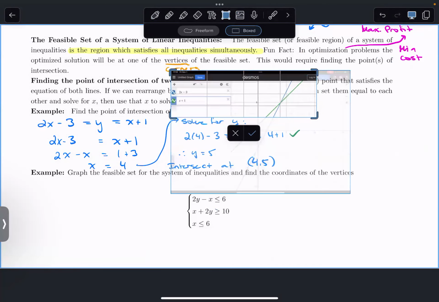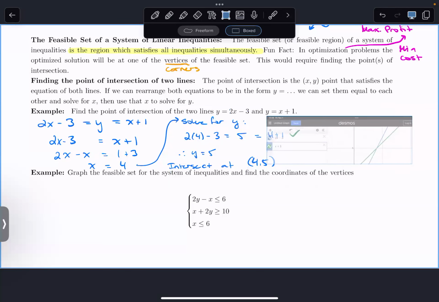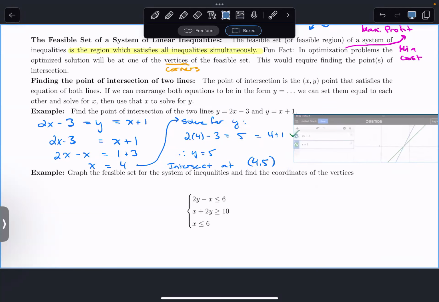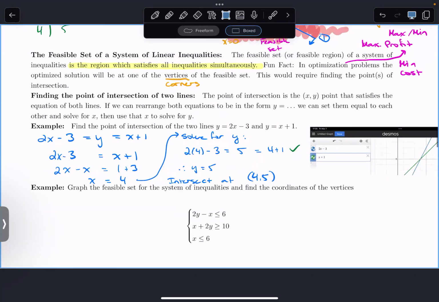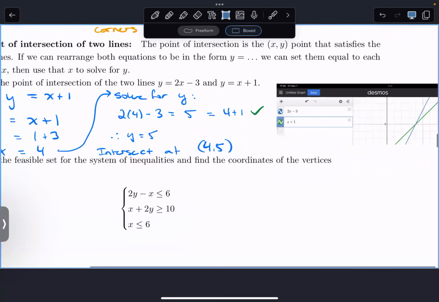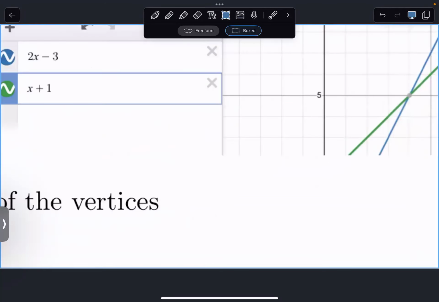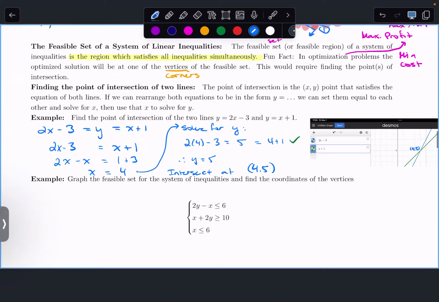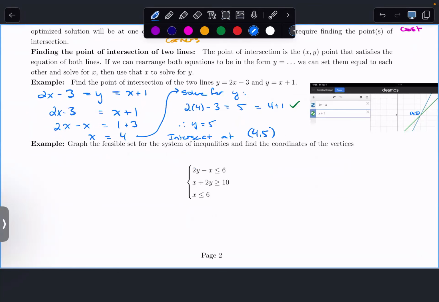Crop it up. Hey, it didn't keep my, so much for that, huh? Well, you have to believe me that this is at 4, 5. I cropped it up. Nice.